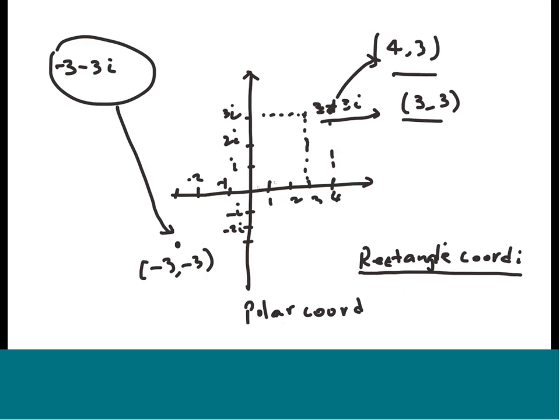For example, the polar coordinate for this one is going to be 3 square root of 2, and theta is 45 degrees, so it will be pi over 4.